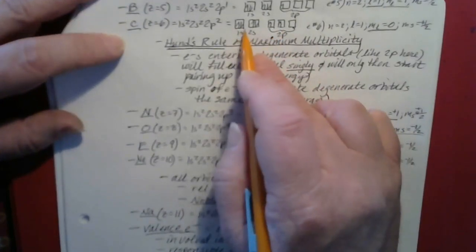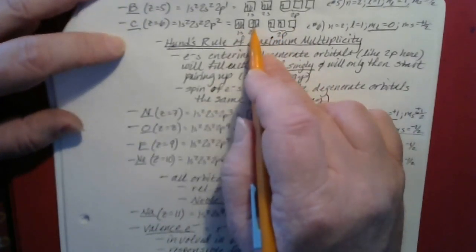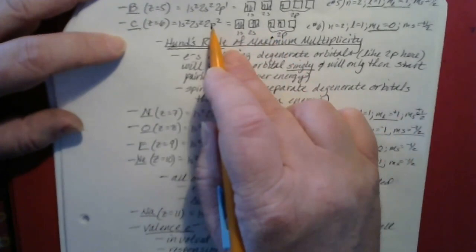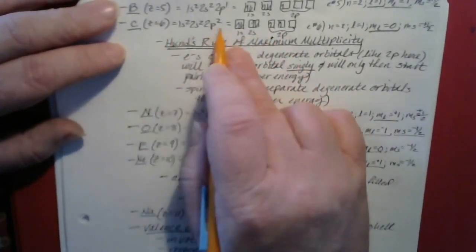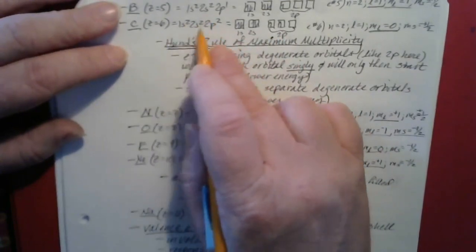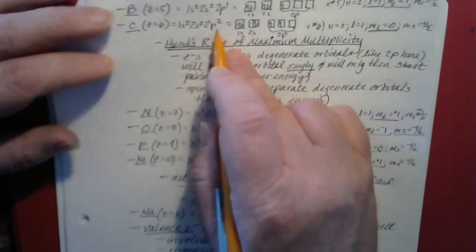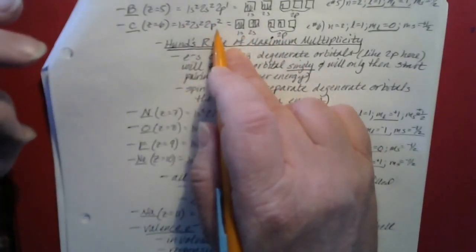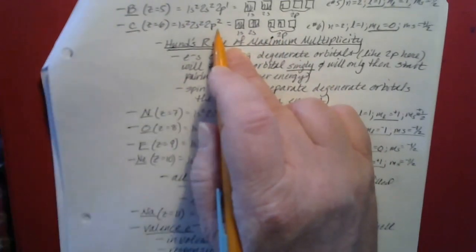Okay, so this configuration would be given as 1s2, 2s2, and 2p2. When we're writing out electron configurations the way we normally do, as just 1s2, 2s2, 2p2, we don't distinguish whether there are unpaired electrons in these degenerate orbitals or not.